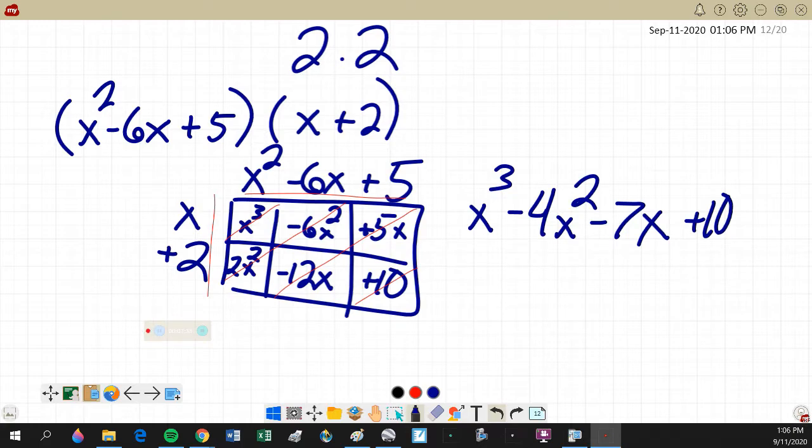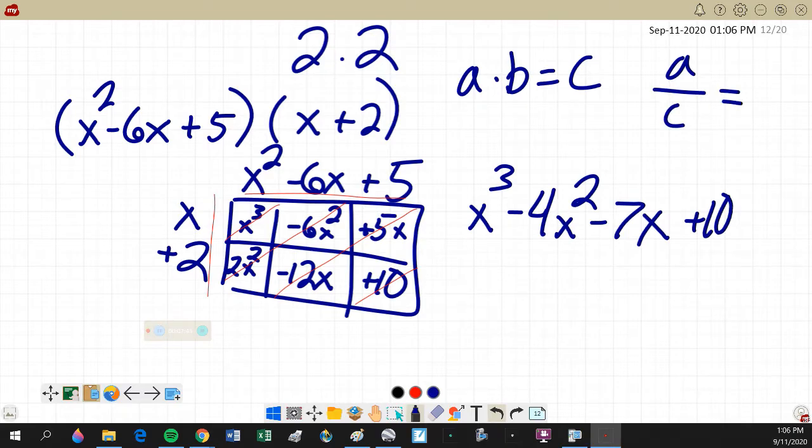So, if A times B is equal to C, then A divided by C should be B. Meaning, oh wait, I did it wrong.